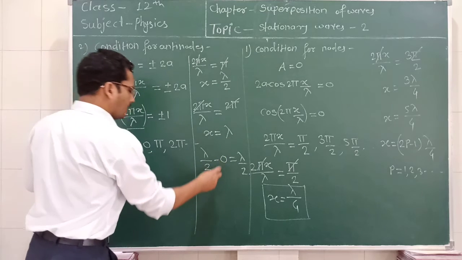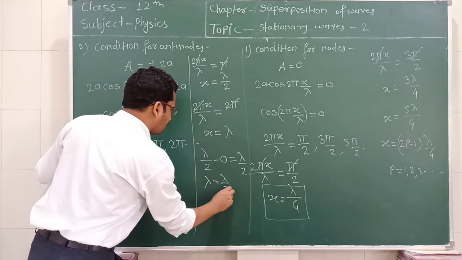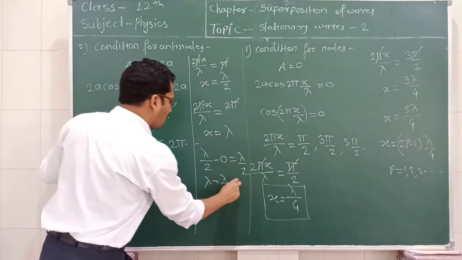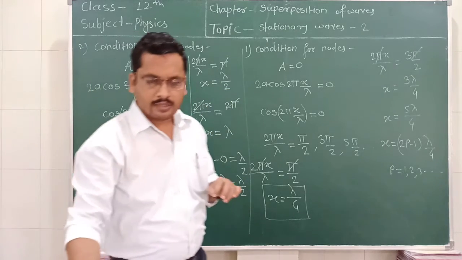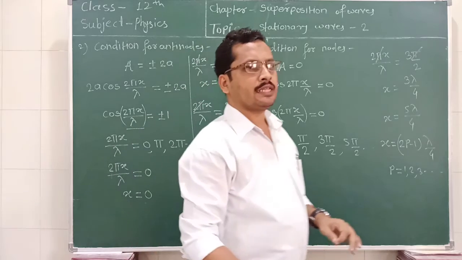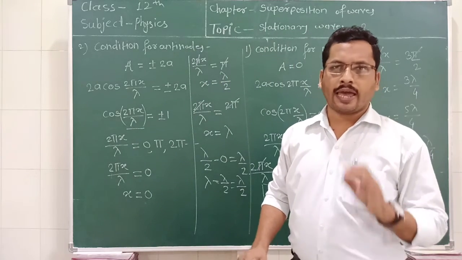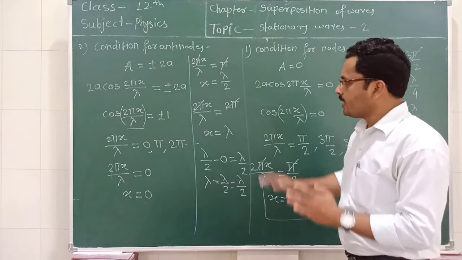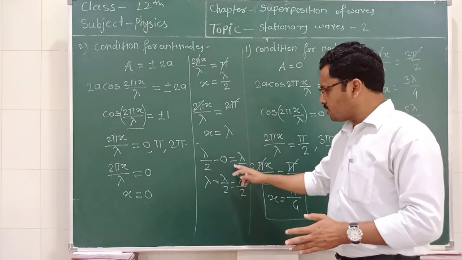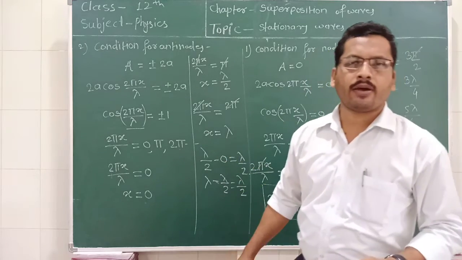Again we subtract lambda by 2 from lambda, and it again comes to be lambda by 2. So we can say that the distance between two successive antinodes is also equal to lambda by 2. Like the distance between two successive nodes is lambda by 2, in the case of antinodes, the distance between two successive antinodes is also lambda by 2.